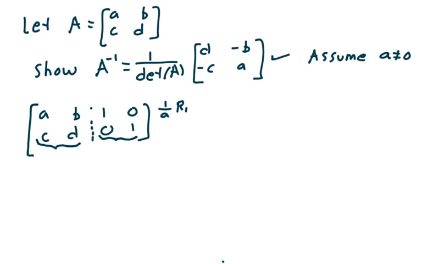So I'm going to take 1 over A, row 1, and put the result back into row 1. When I do that, I get 1, B over A, 1 over A, 0. And then the second row does not change.